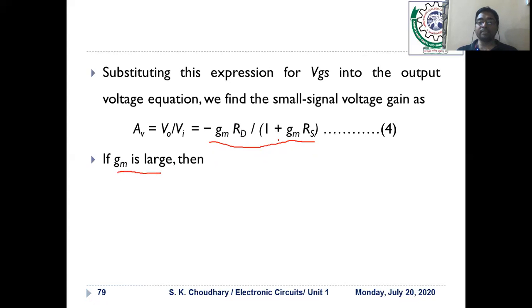If gm is very large, see equation number 4: this gm RS is very much larger than 1, so you neglect the effect of 1 here. It becomes minus gm RD upon gm RS, so gm cancels out and only minus RD upon RS remains. So you can also approximate your voltage gain by this formula, minus RD upon RS.